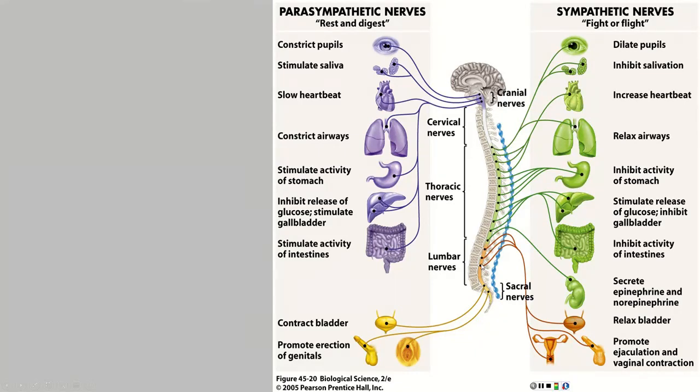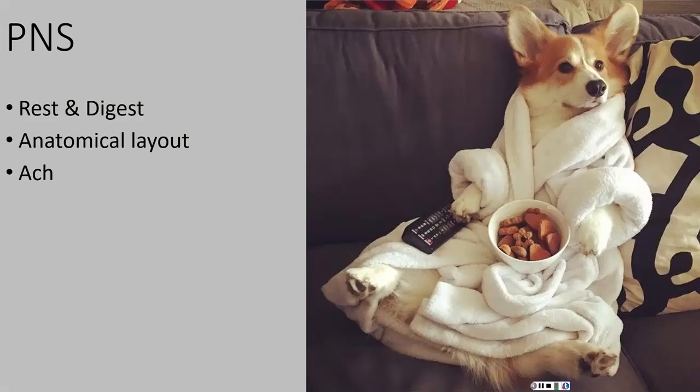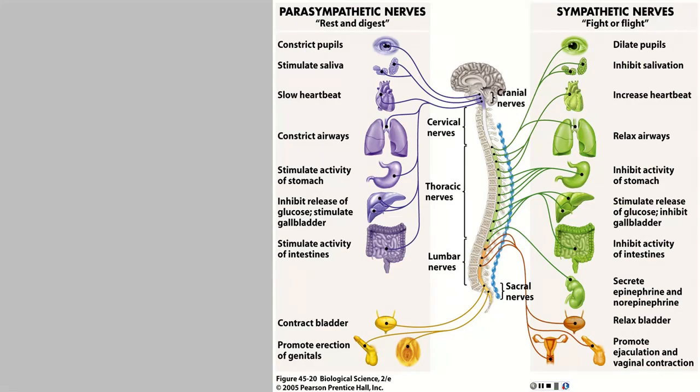When we talk about your parasympathetic nervous system, the rest and digest, they all release acetylcholine. They also don't come from your entire spinal cord. Some of them come from your brainstem, up here where we see the purple. Some of them come from your sacrum, down here where we see the yellow.